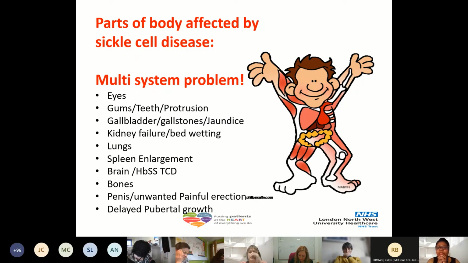It's really important because, as we say, sickling can happen everywhere, and if it happens at the back of the eye, there is a chance the child can lose their sight. So they might need top-up transfusions, or to be referred to ophthalmology clinics and all sorts of things.